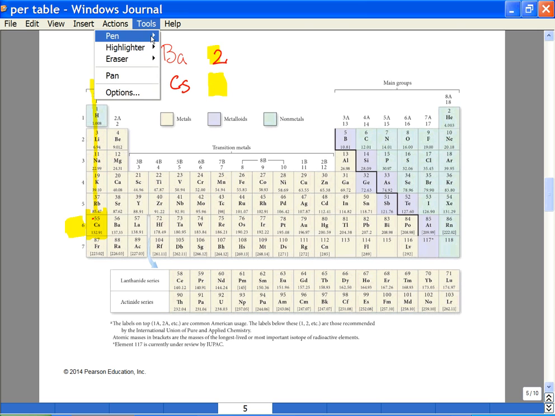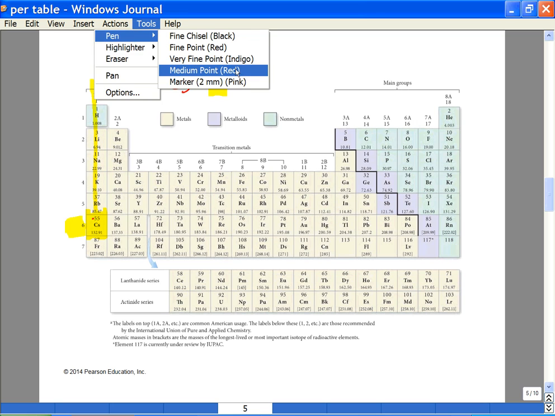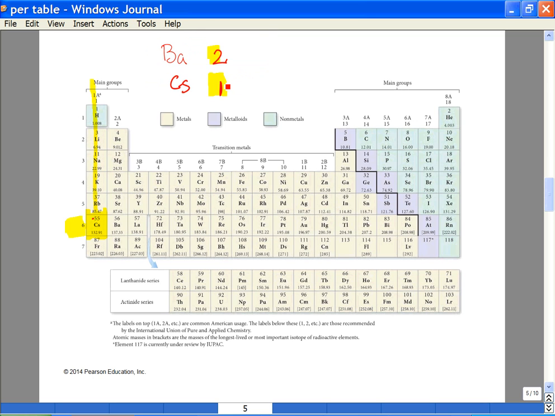And how about nickel? Let me write this down too.